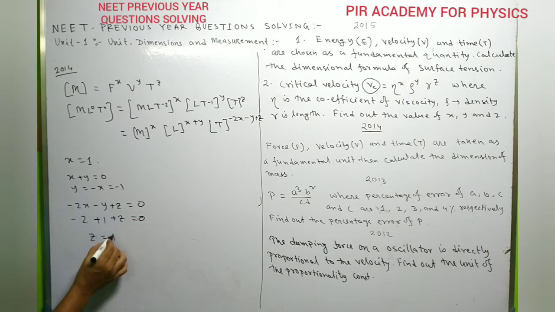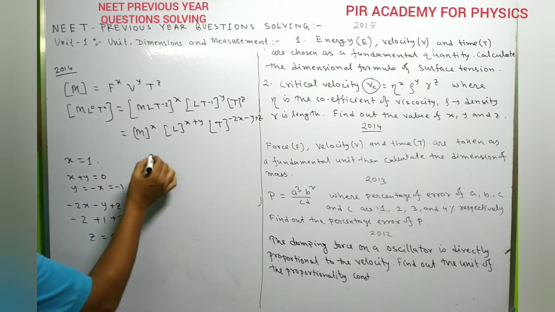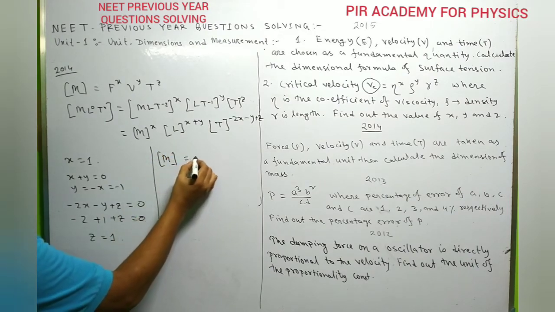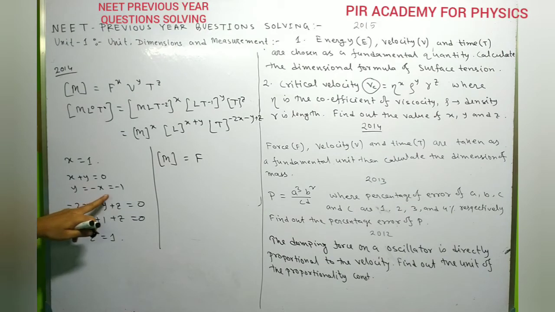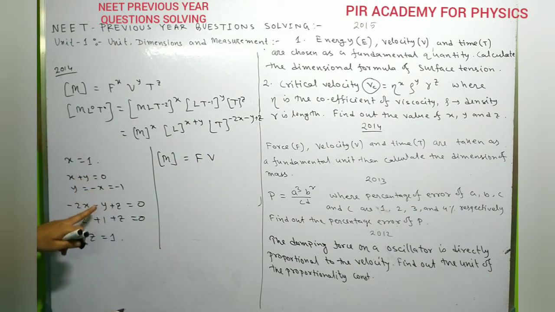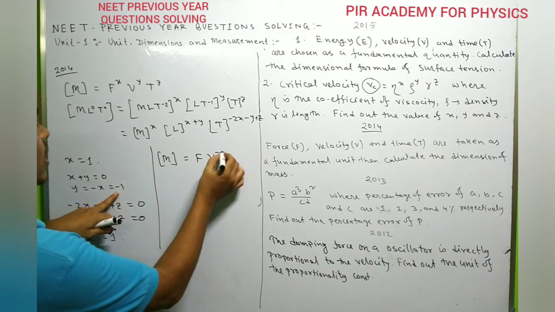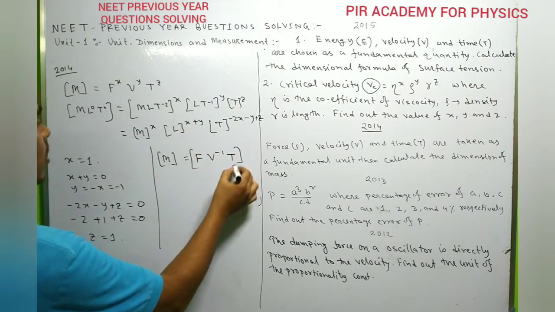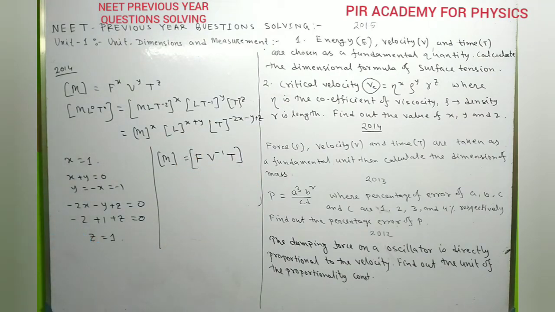So z equals 1. So the dimension of mass will be F to the power x, so F; V to the power y, which is minus 1; and T to the power z, so this is 1. So the dimensional formula of mass will be F V to the power minus 1 T to the power 1. Okay.